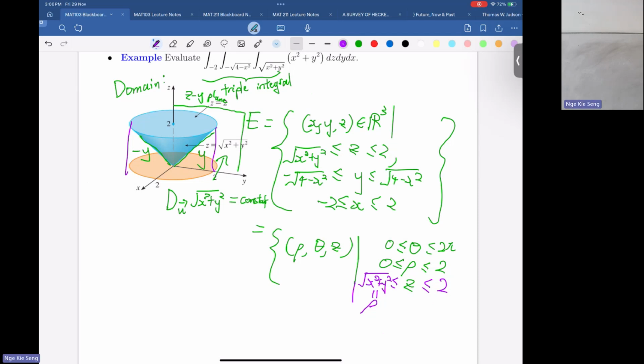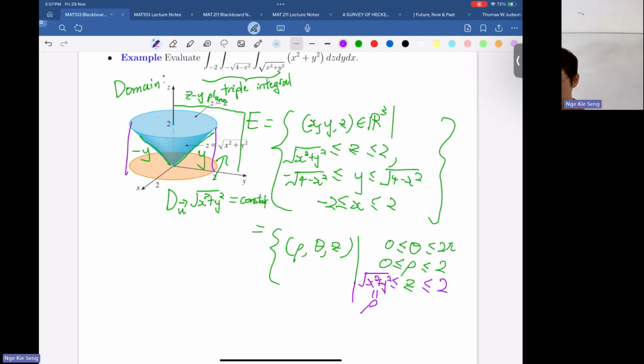In cylindrical coordinate, the basic shape is a cylinder, so everything will be cut off from a cylinder. In spherical, the basic shape is a sphere, and anything that you can cut from the sphere, you can do this integration.